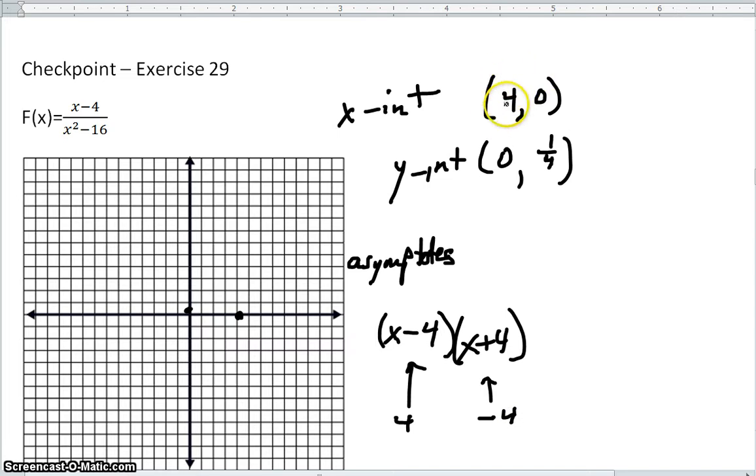But we already have an x value that we can have for an intercept. So what happens here? Well, what really happens is the problem that this expression can be simplified.